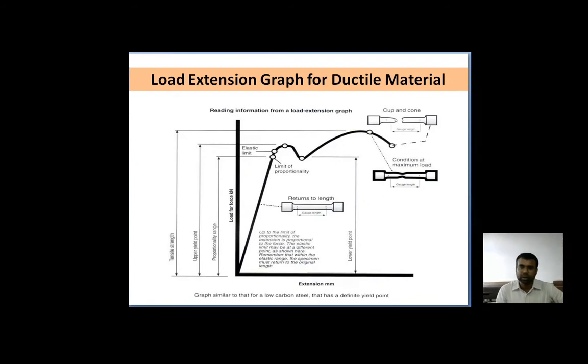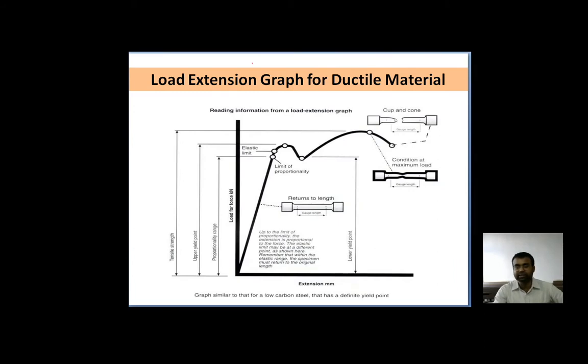So when the load is applied, this particular graph starts to draw, and gradually it is showing what is happening with this particular material, that is drawing onto this paper.